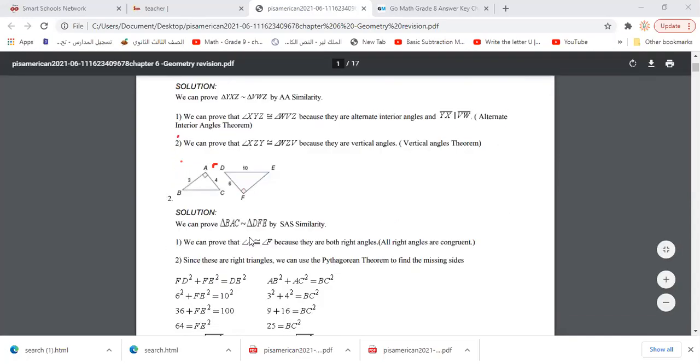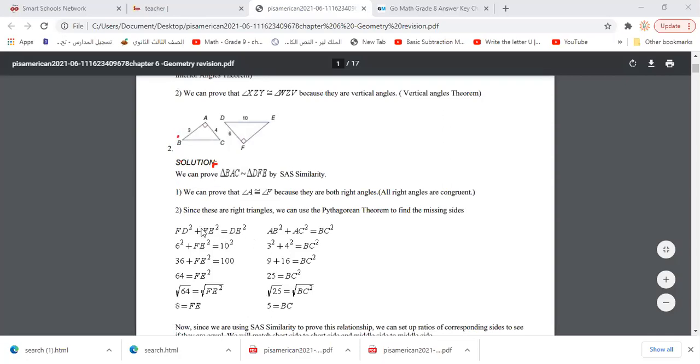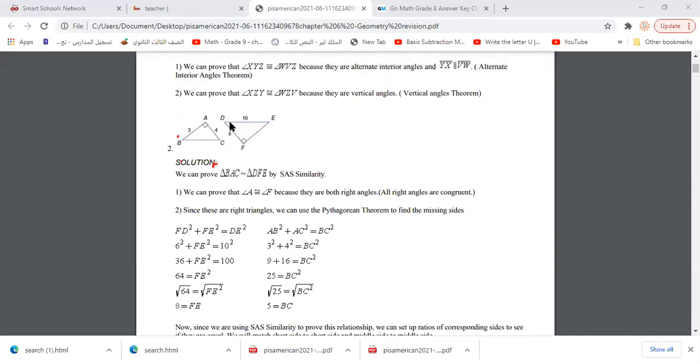Okay? We use the Pythagorean theorem for the first triangle. FD is a side, so we can say that FD to the power of 2 plus EF to the power of 2 equals 10 to the power of 2. Then the length of EF will be equal to 8.